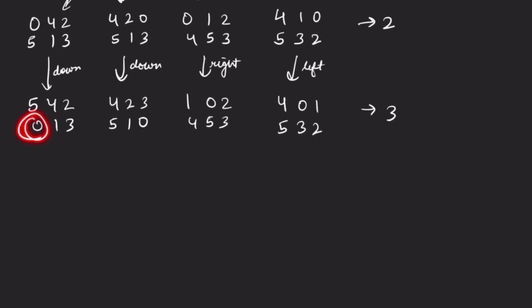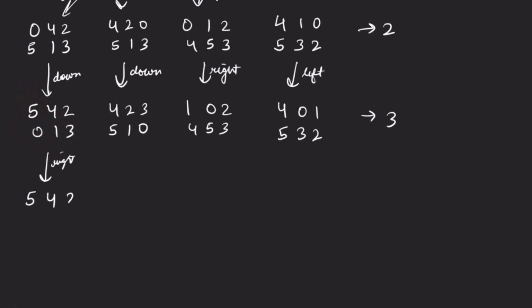Now here 0 can be swapped with 5 and 1. But if we do it with 5, then again we will get the same result. So we will do it only with 1. Right? So it will be right. So we will get 5, 4, 2, 1, 0, 3. Then in this case, we can swap 0 with 1. Right? So we'll get 4, 2, 3, 5, 0, 1. Then in this case, we will get 1, 2, 0, 4, 5, 3 after swapping 0 and 2.